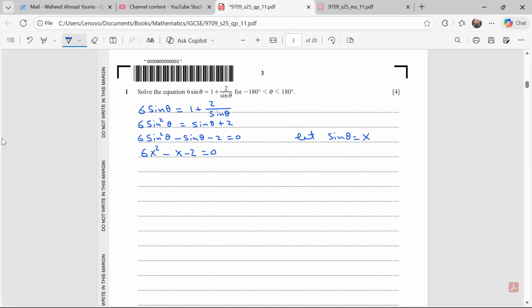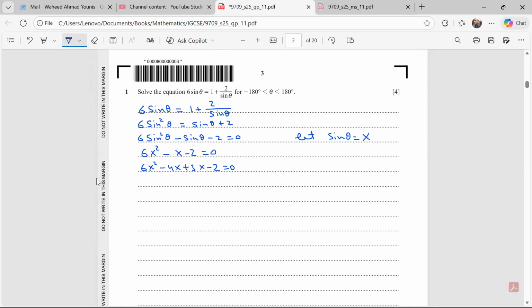You can see that this expression can be factorized. Let me do it for you. It is going to be 6x squared minus 4x plus 3x minus 2 equals 0.